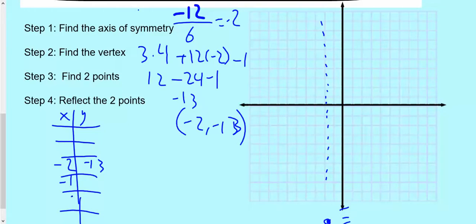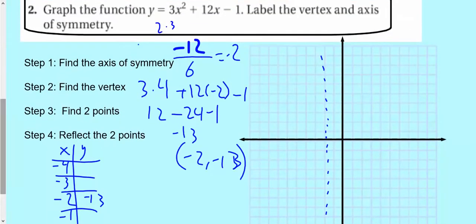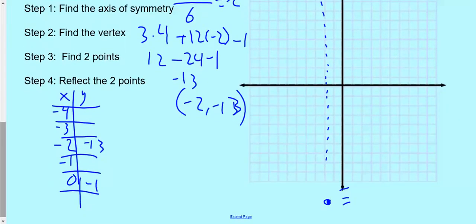Choose 2 numbers above and 2 numbers below. In this case, I'm going to plug in the negative 1 and the 0 because those are the easiest numbers to plug in. When I plug in 0, you end up with 0 plus 0 minus 1 is negative 1. And when I plug in negative 1, I have 3 times negative 1 squared plus 12 times negative 1 minus 1.